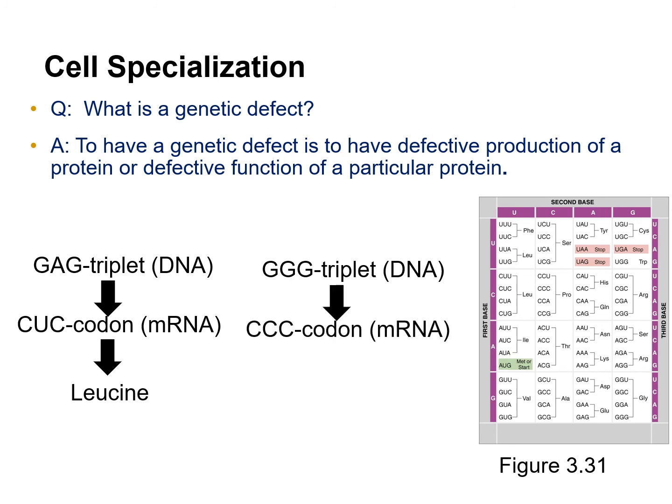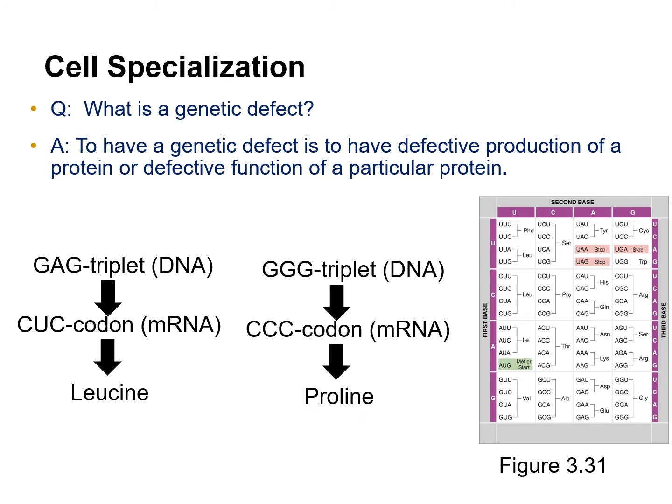That gives us a codon of CCC, and using our table, we can see that that codes for the amino acid proline. So this mutation, although small, just one nucleotide base, gives us a totally different amino acid in the polypeptide sequence.